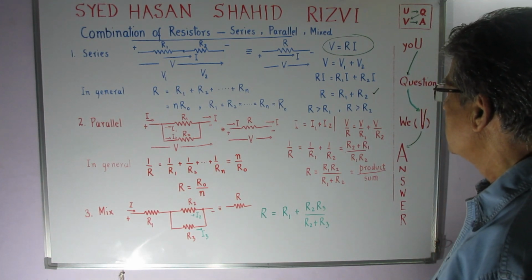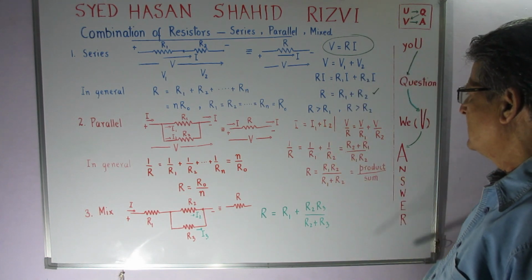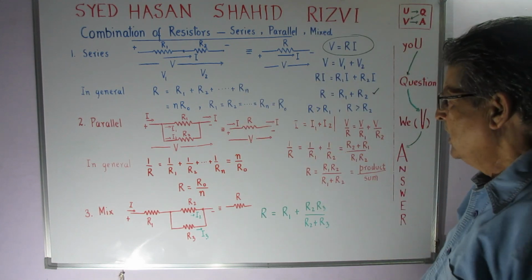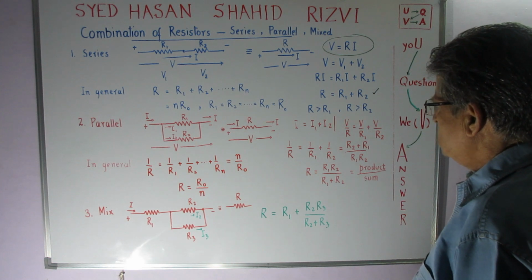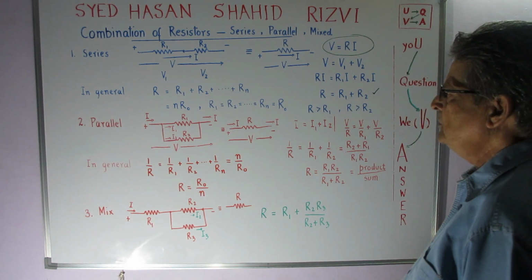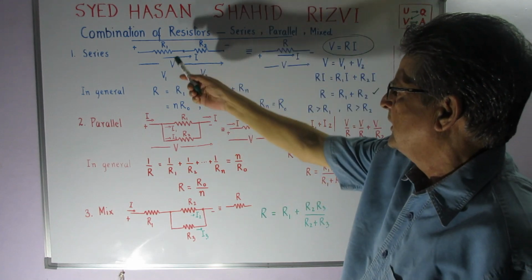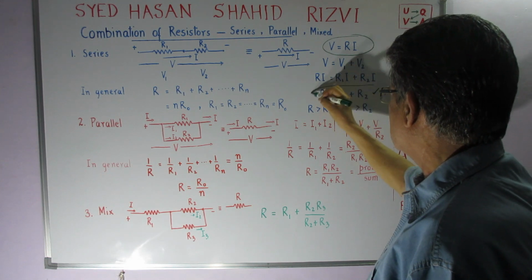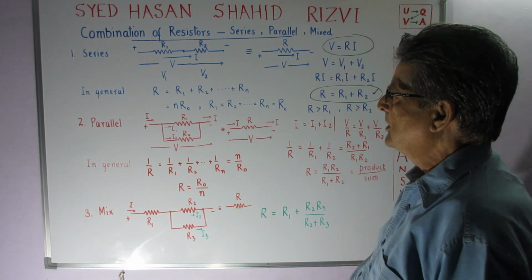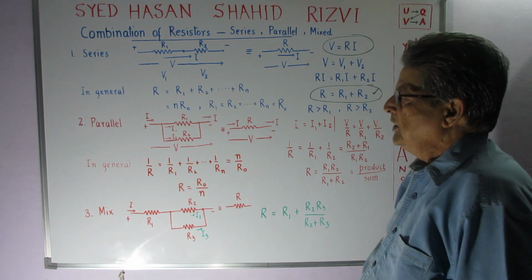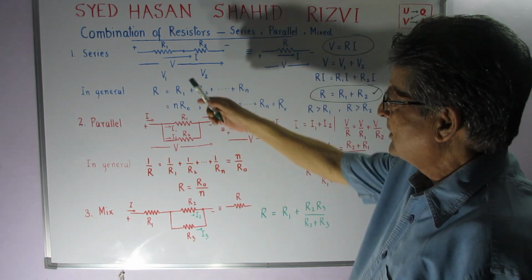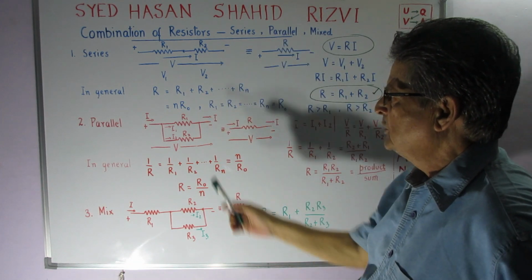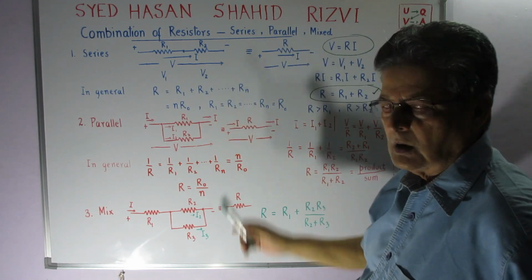Where of course this R is greater than R1 and also greater than R2, so the resultant is more than either of these resistances. Even greater than the greatest ingredient. I get this formula, R is equal to R1 plus R2 for the couple of resistances. In general, if I have n resistances, one after the other, same current will pass through this one, this one, this one, and the voltage will be divided V1, V2, Vn.